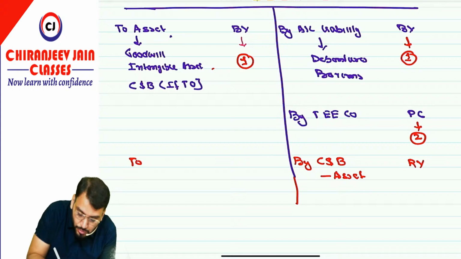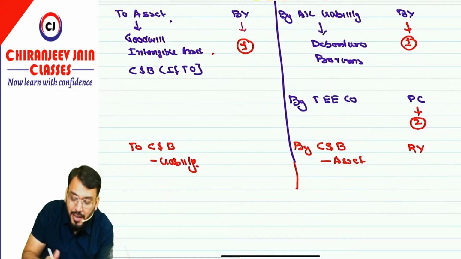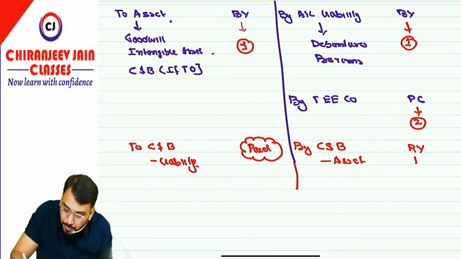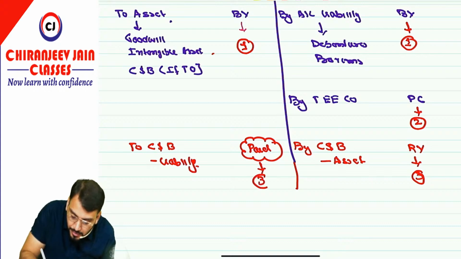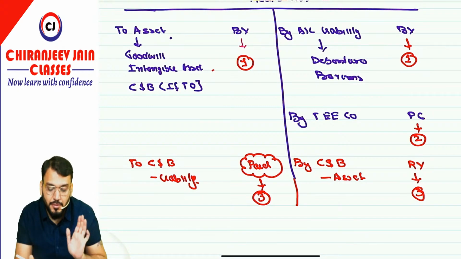And we write on to cash or bank for liability settled, liability not taken over. This is the settlement value, the amount paid. So this is step number 3. Have you understood this point?